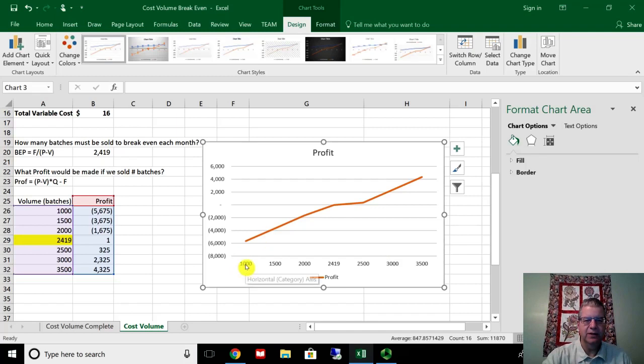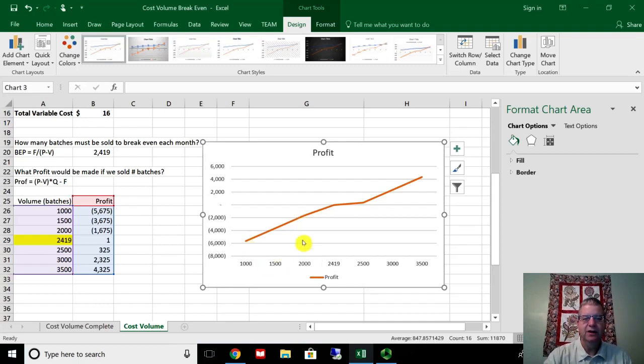So now it tells me if I produce 1,000 batches of cupcakes, then my profit over here is going to be almost negative 6,000. I'm going to lose $6,000 for the month if all I do is produce 1,000 batches.